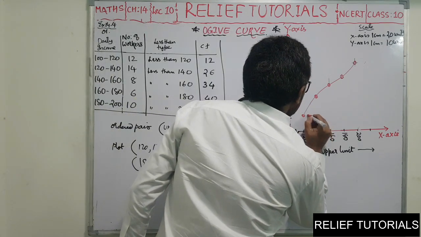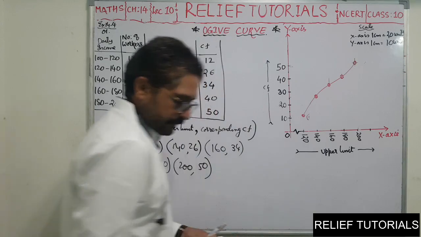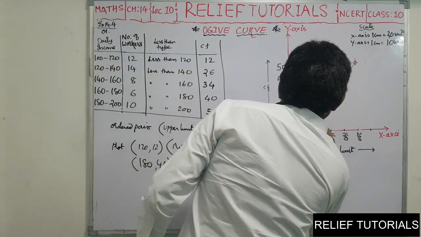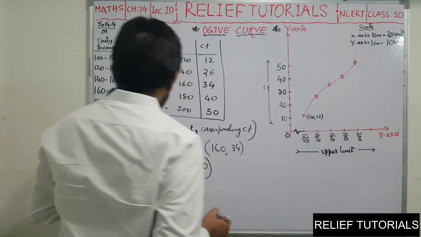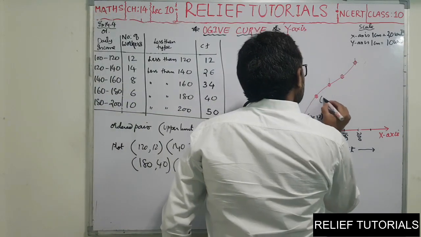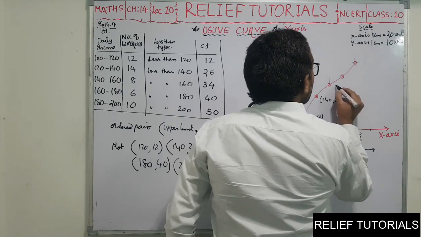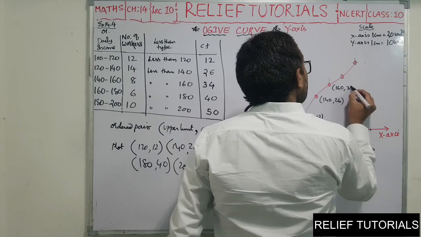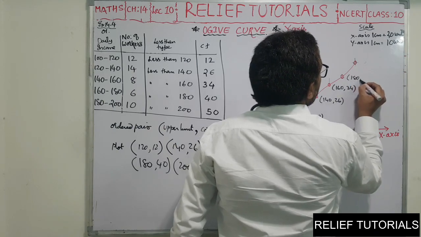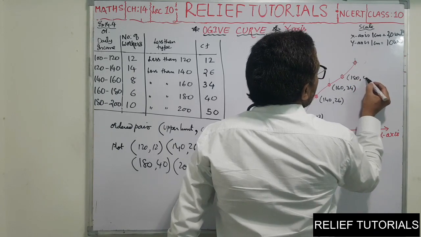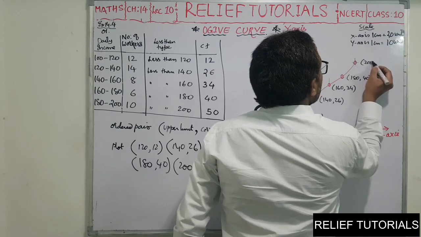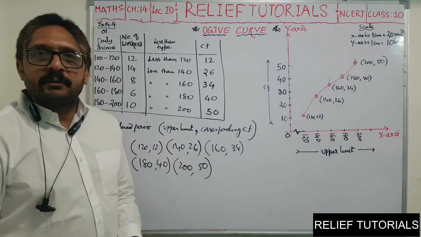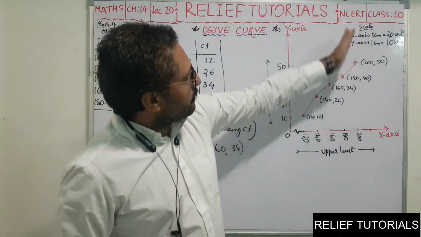This is 120, 12, then 140, 26. This is 160, 34. This is 180, 40. This is 200, 50. So this is the less than type cumulative frequency curve. It is going from downward to upward.